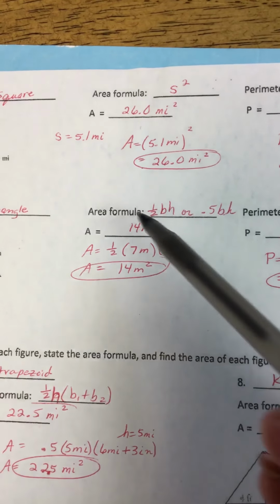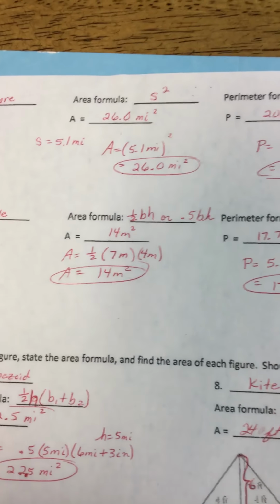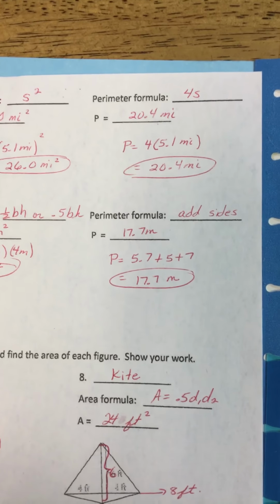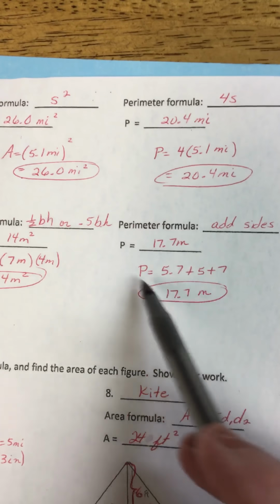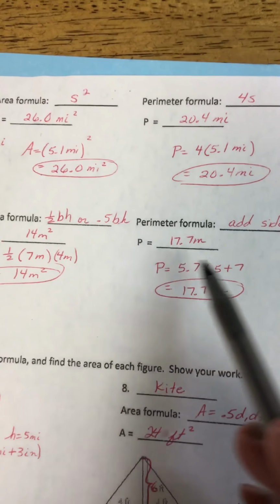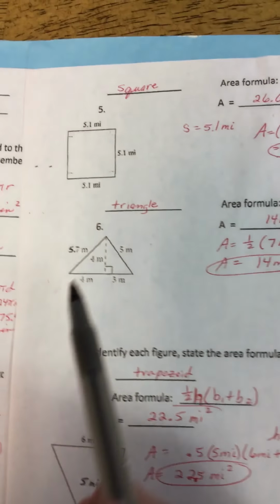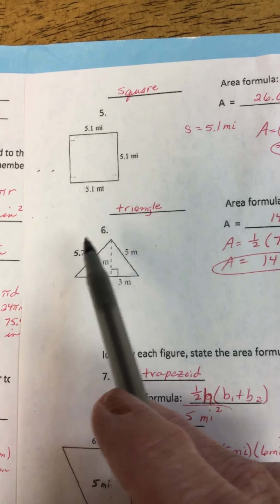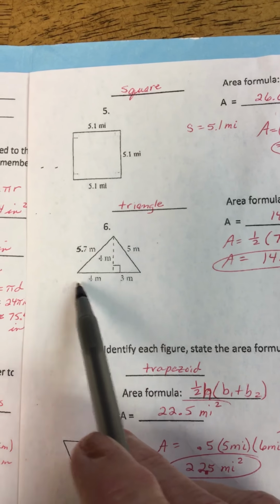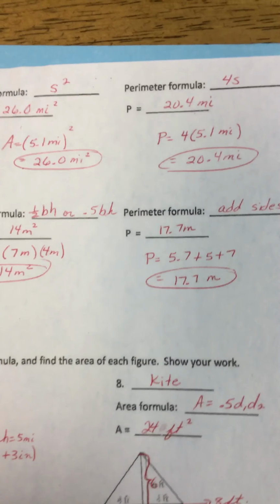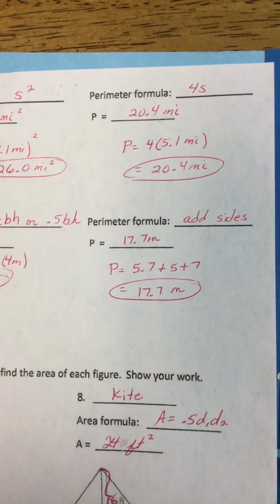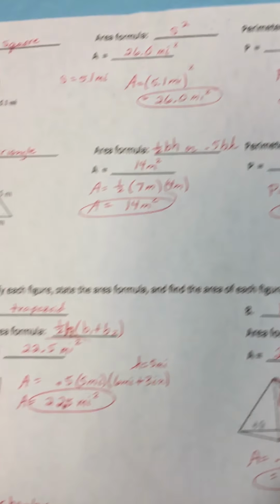So when I do that, I get 14 meters squared. In the perimeter, I'm just going to add the sides. And some of us were not getting the correct value here. The sides are 5.7, 5, and then this side is 7. And that adds up to be 17.7 meters.